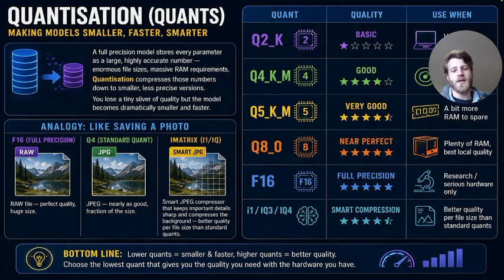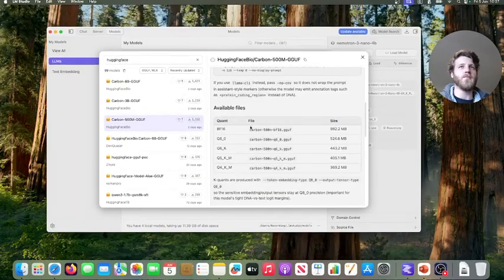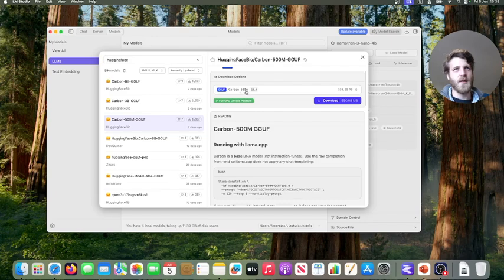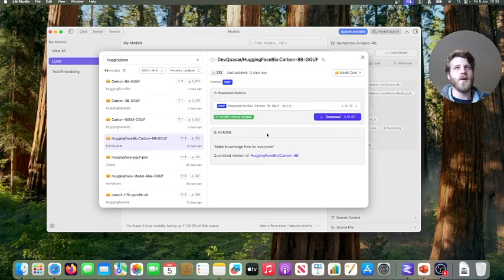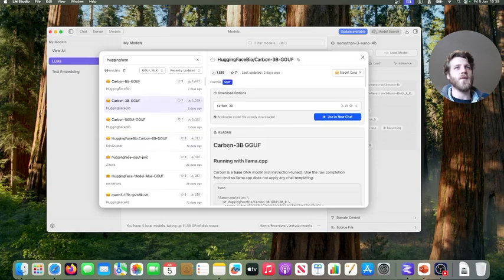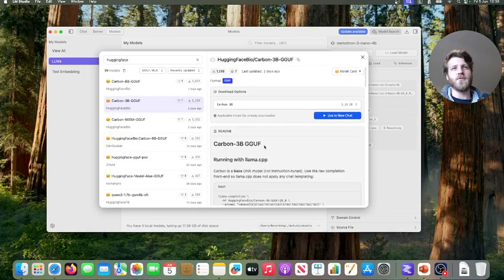So, quick summary, when we're thinking about these models here, which one to download, available files we can see there, we're thinking about what is the most appropriate large language model. Let's take this 3 billion one. So this has got 3 billion parameters.